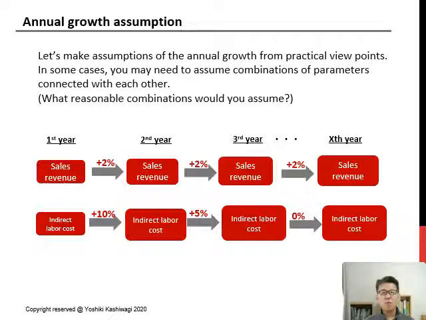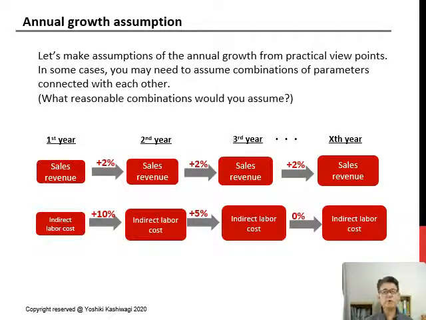I want you to make some assumptions about the annual growth rate. We do not put the numbers in each year, but we will focus on how you grow your business, focusing on the annual growth rate.